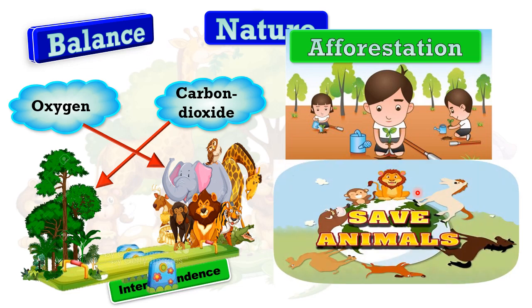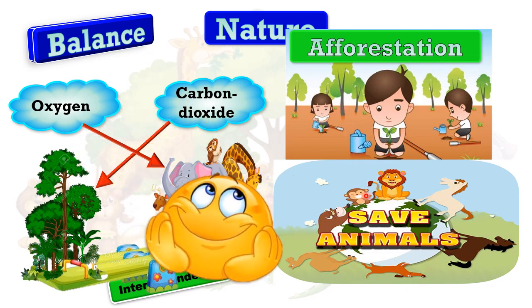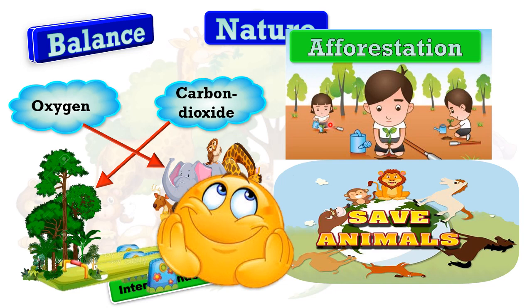Is it clear? And save animals. This will also create balance in nature. So to balance nature, we have to promote afforestation and we have to save animals. Is it clear, children?